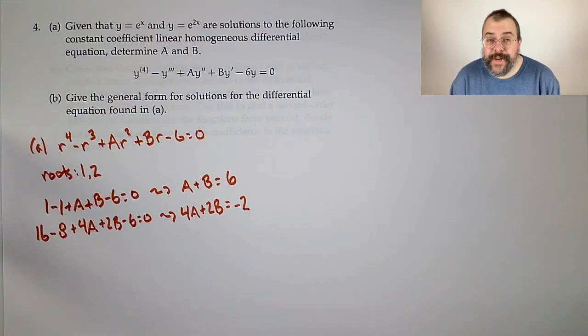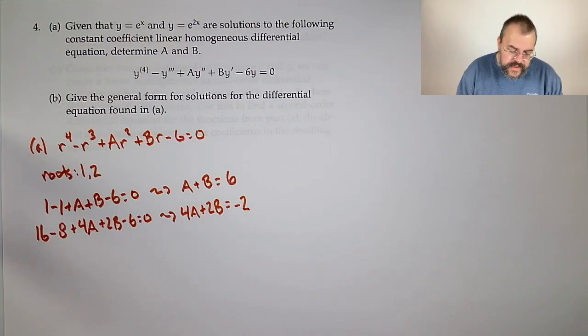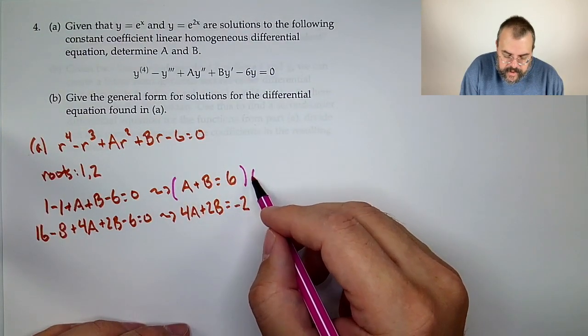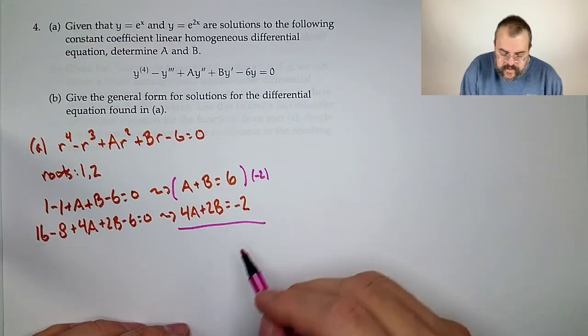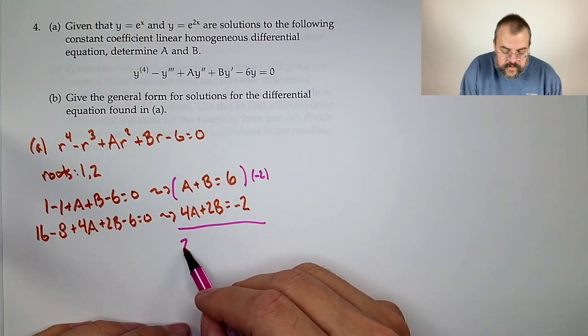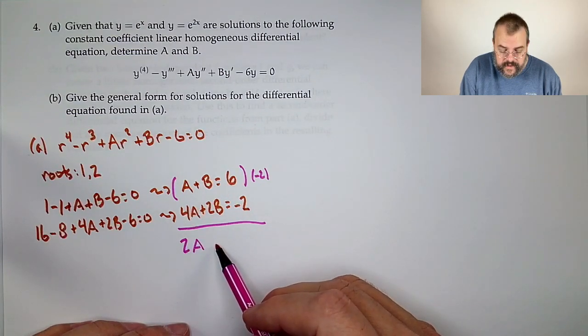All right, 2 equations, 2 unknowns. We can handle that. We've done this before. So, for instance, suppose we take our first equation and multiply that by negative 2 and add it to the second equation. We'd have minus 2a plus 4a would give us 2a. Minus 2b plus 2b is 0.